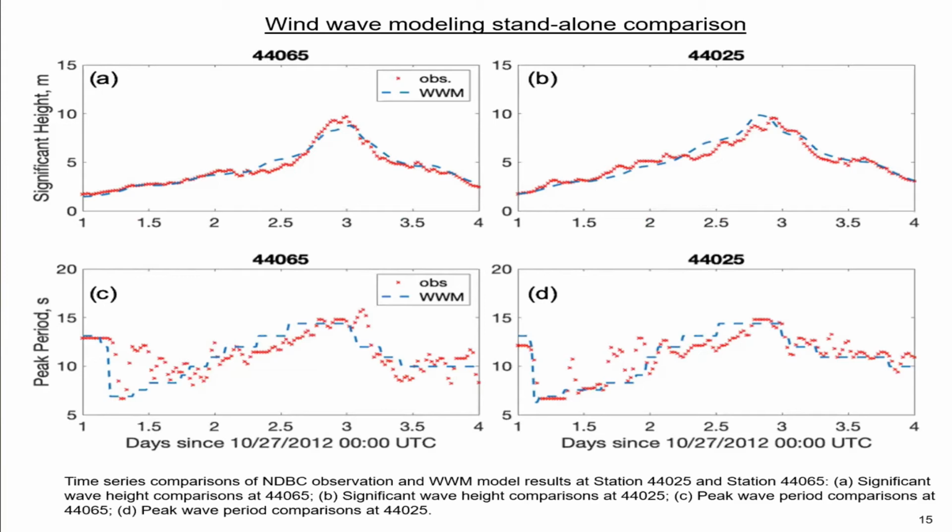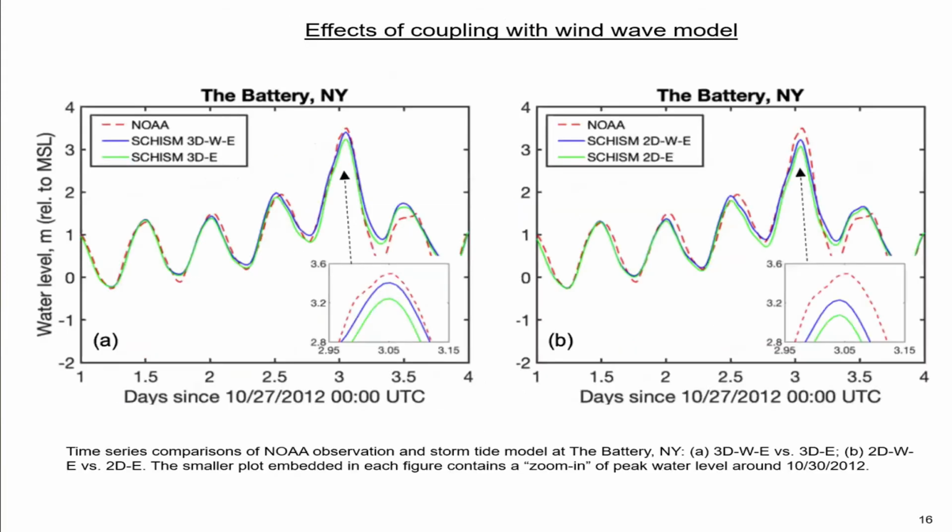So this wave model was actually coupled with STORM SCHISM. And this panel showing coupled with wave on the left panel with the 3D get the best result compared with the 2D on the right-hand side.